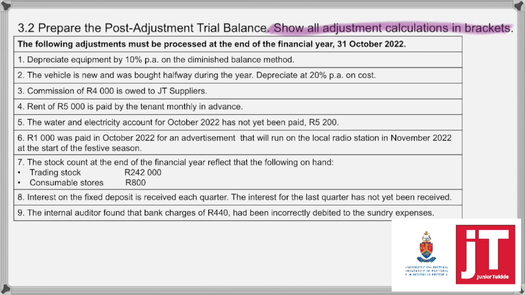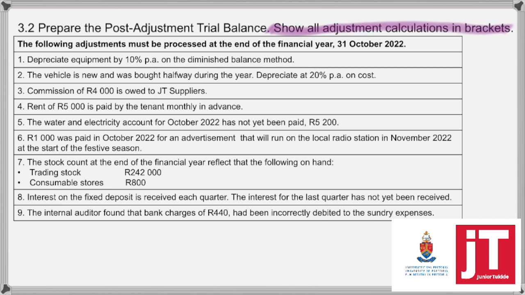Number 6, 1,000 Rand was paid in October for an advertisement that will only run in November, so that's a prepaid expense. Number 7 is where we need to calculate or compare the physical stock count with the amounts on our books. So that's a trading stock surplus or deficit. In this case, it will be a deficit.